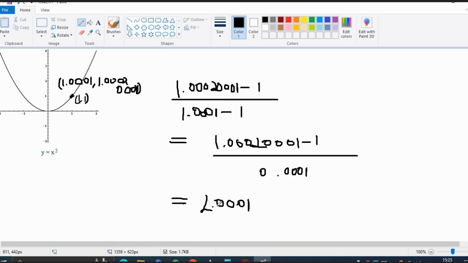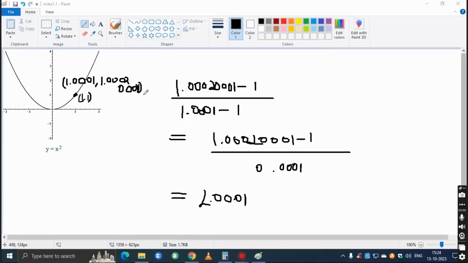This is equal to 2.0001. So we are approaching values closer and closer to 2. So if we get infinitely close to 1 comma 1, then we would have the perfect value of dy by dx, and that is equal to 2.